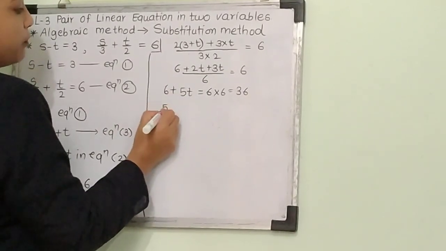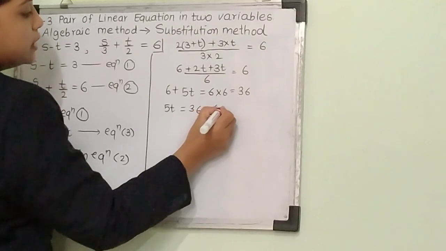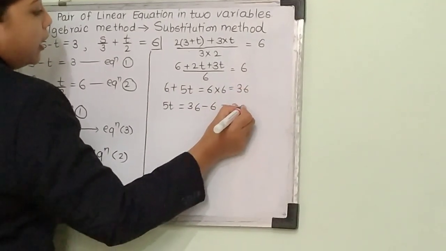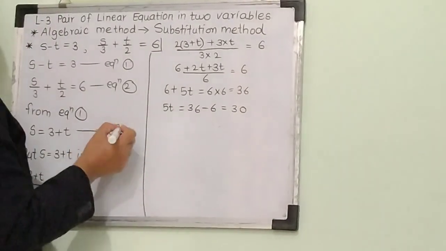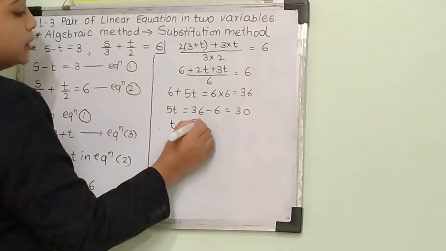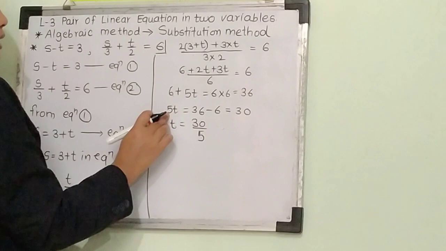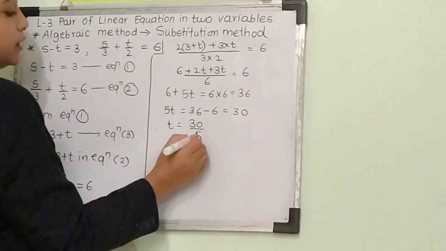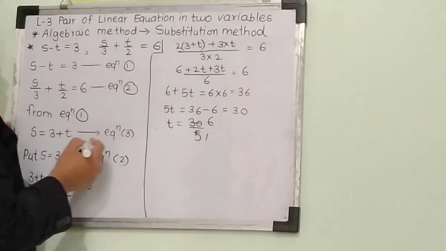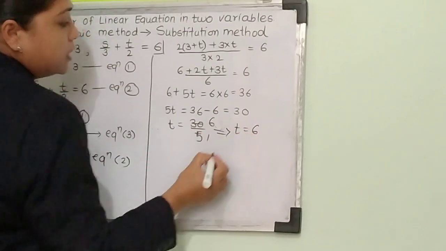Now 5t equals 36 minus 6. This 6 will transpose to this side. We get 30. Hence we can say that t equals 30 upon 5, because 5 is multiplied here, it goes to this side and is divided. So 5 ones are 5, 5 sixes are 30. So here we get t equals 6.